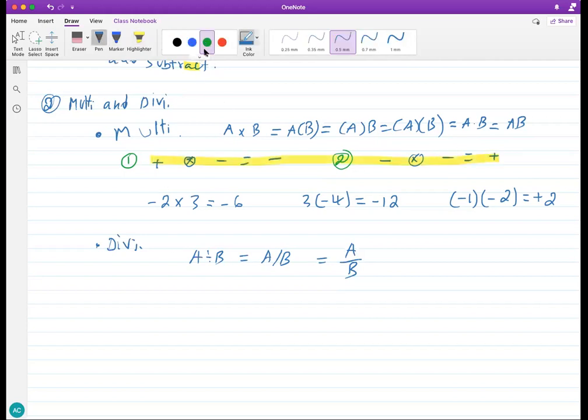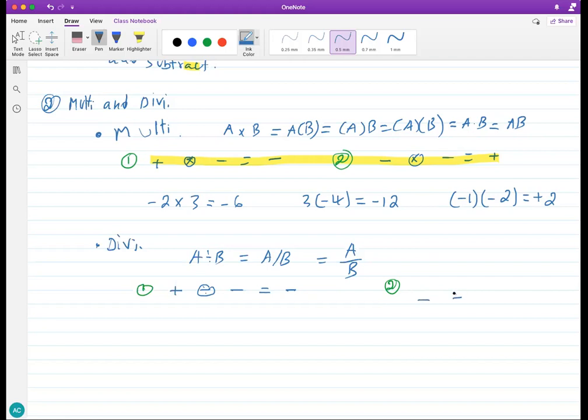By that we mean, when you divide different signs, positive by negative, just like multiplication, the result is going to be negative. And rule number 2: if you divide two negatives, it's just like multiplying two negatives.